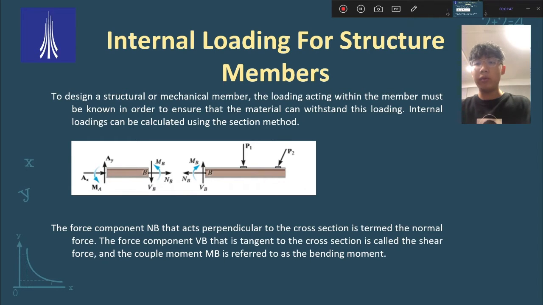The force component VB that is tangent to the cross section is called the shear force. In this case, it's V for shear, and in the Schnittkräfte, it's Q for shear, and it is tangent to the cross section. And the last one is the couple moment, MB. So MB is referred to as the bending moment.